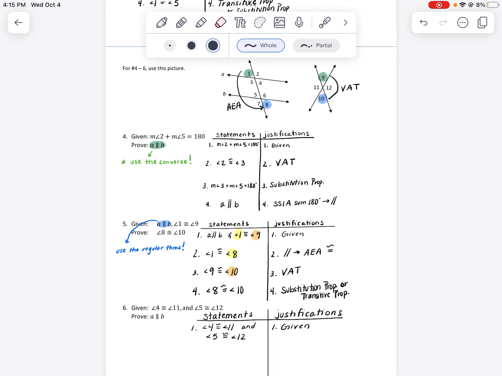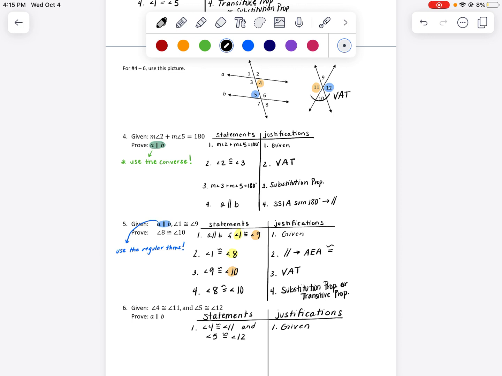Let me erase what I had from the previous problem. I know that 4 is congruent to 11, and I also know that 5 is congruent to 12. So this one is very similar to the last one. We still have vertical angles.